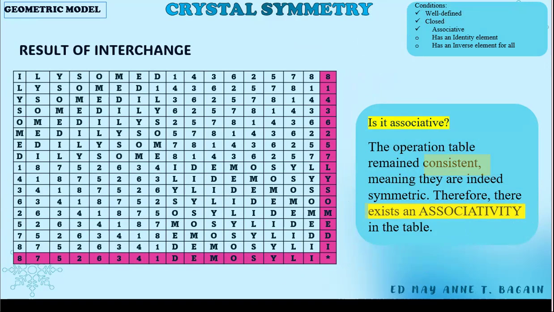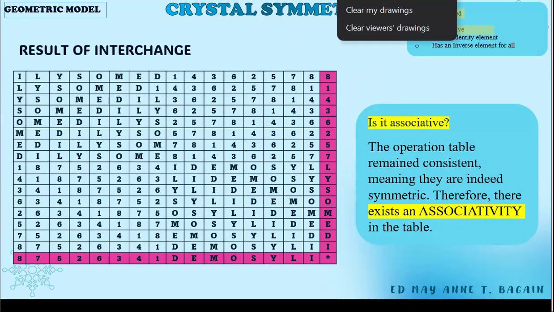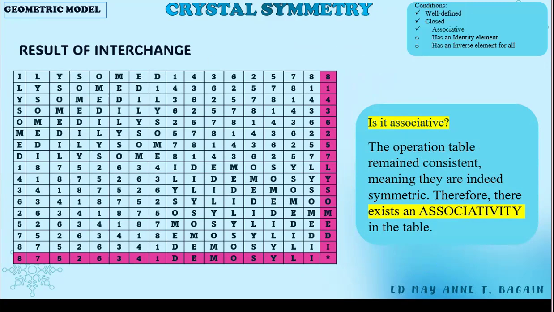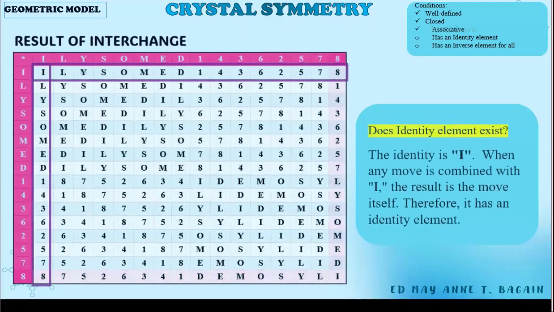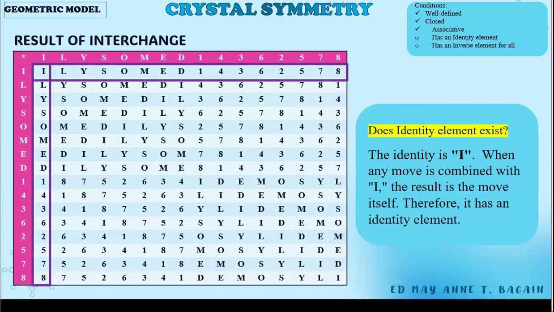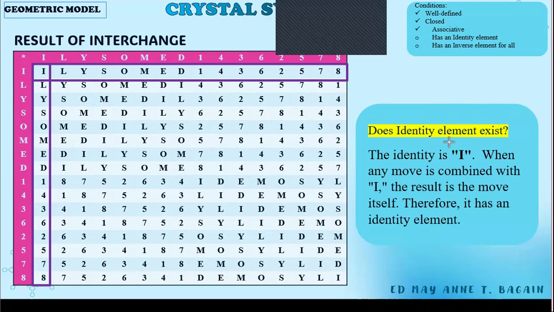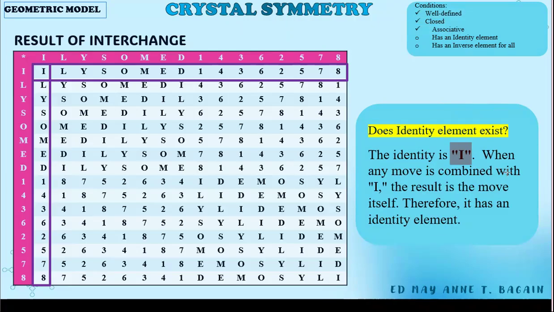Okay, so now that we know that it is well defined, closed, and associative, let's check if it has an identity element. Does it have an identity element? Let's check. Does an identity element exist? The identity I: when any move is combined with I, the result is the move itself.